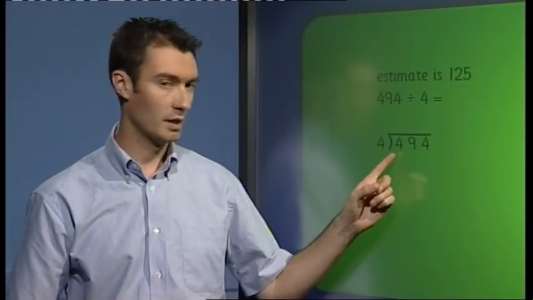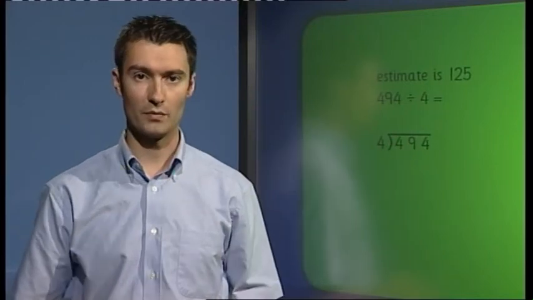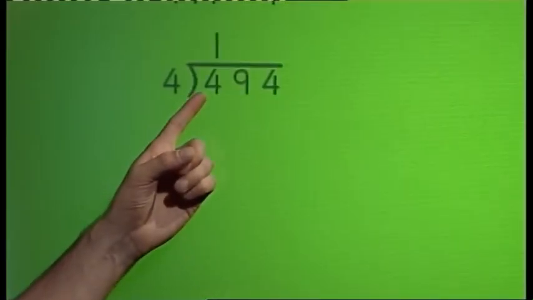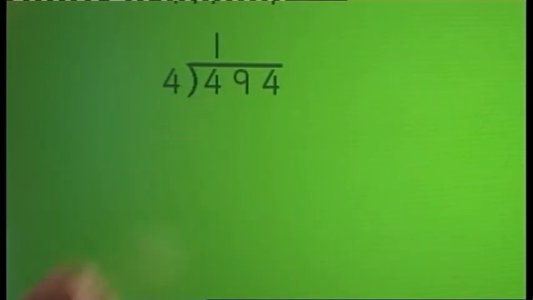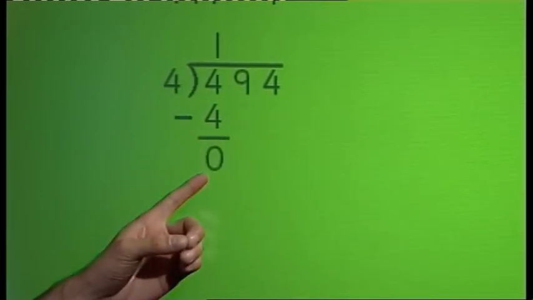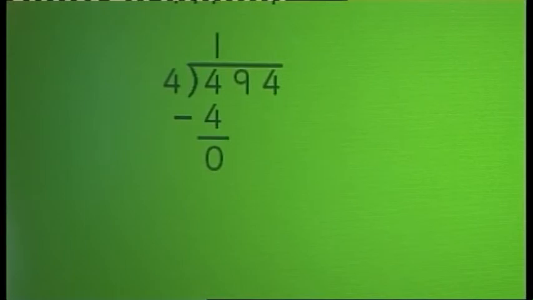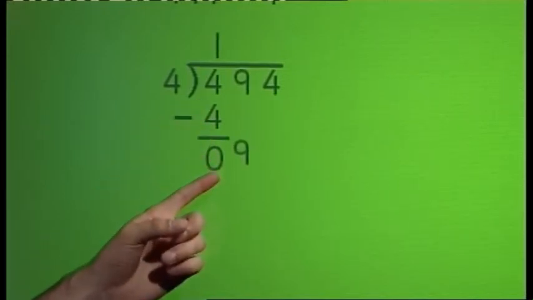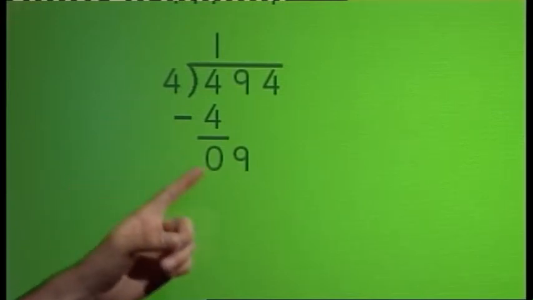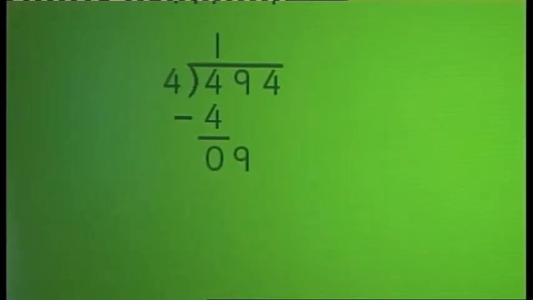How many 4s are there in 4? Well, the answer's 1. So we write a 1 down, making sure that we put it in the hundreds column. Now, one lot of 4 is 4, and we have to take that away from 4, and of course that's 0. And now we bring down the tens figure, that's the 9, and so now we're asking how many 4s are there in 9?